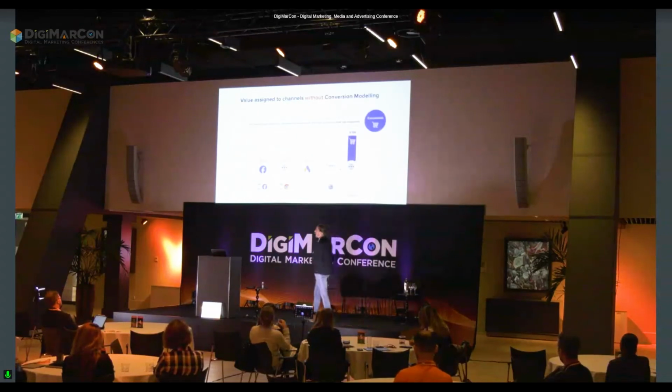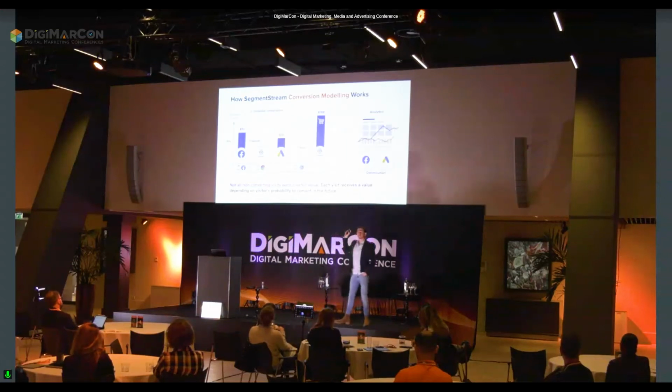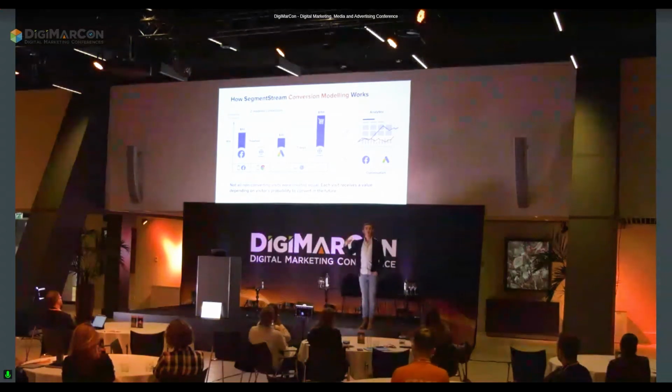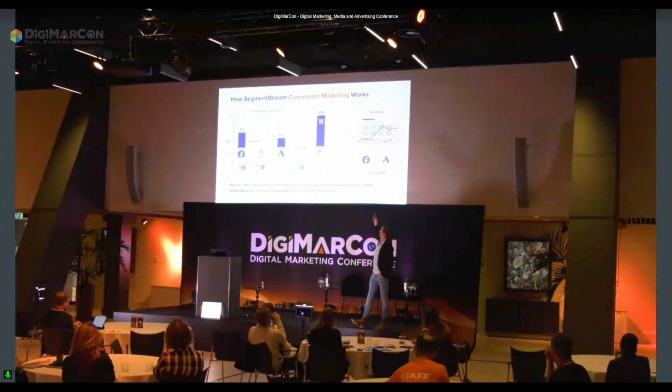This is just an idea of what we had before, and this is the second iteration, when we looked at the idea of applying modeled conversions. In this example, we can see that we've come through on Facebook, on mobile, we've then come through on Google, and then finally there's been some research happening on desktop Safari.